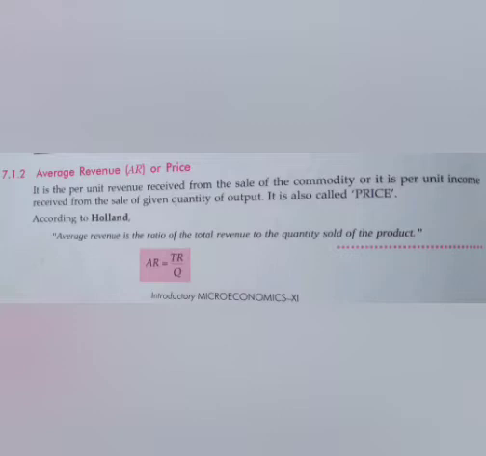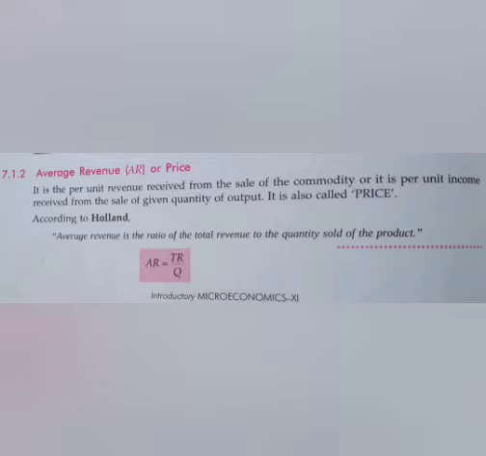Next, let us understand what is average revenue. It is the per unit revenue received from the sale of the commodity, or the per unit income received from the sale of a given quantity of output. It is also called price.